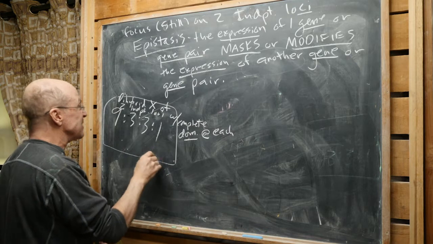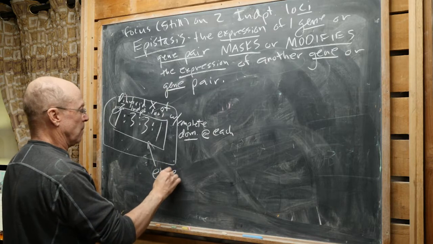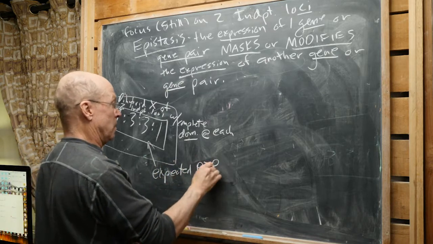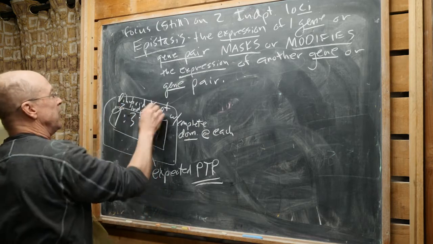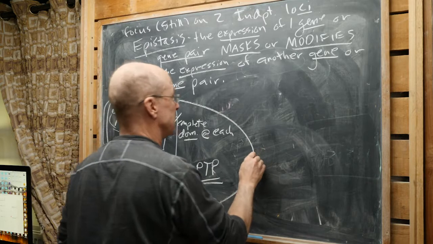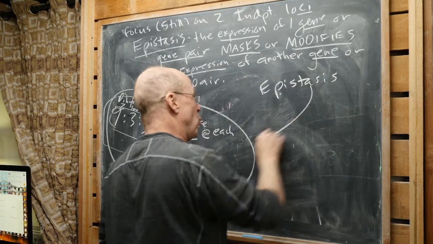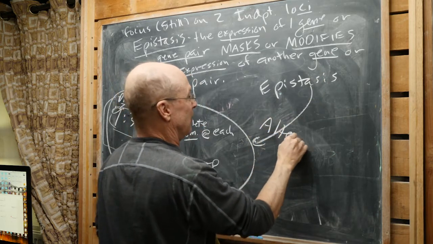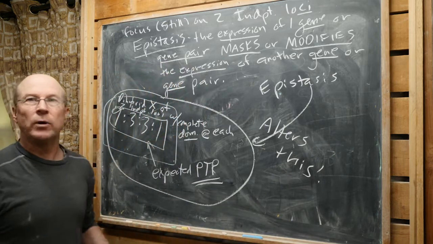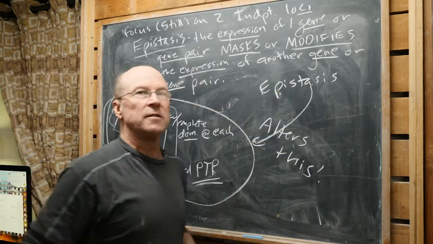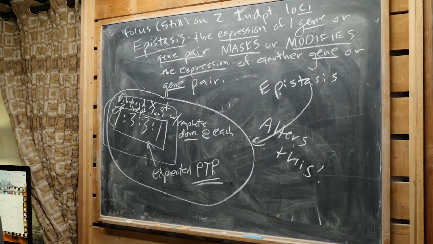This is the expected phenotypic ratio. And what we're going to do in epistasis is that epistasis will alter this, in specific ways. We're not going to see the 9:3:3:1 anymore. We're just going to start to see examples where it changes, and that's what I'm going to show you now, is epistasis. Okay.